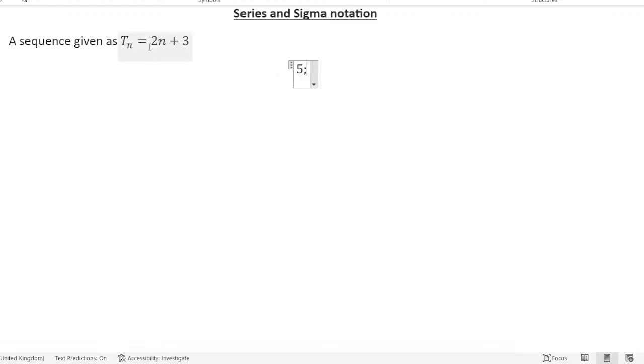Then let's say you're writing the first 3 terms or the first 4 terms, then you substitute n with 2, then you have 2 times 2, that will be 4, plus 3, that is 7. Then here we have 9, 11, and the sequence continues.